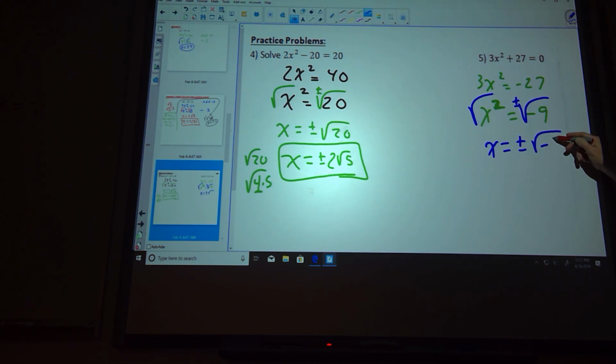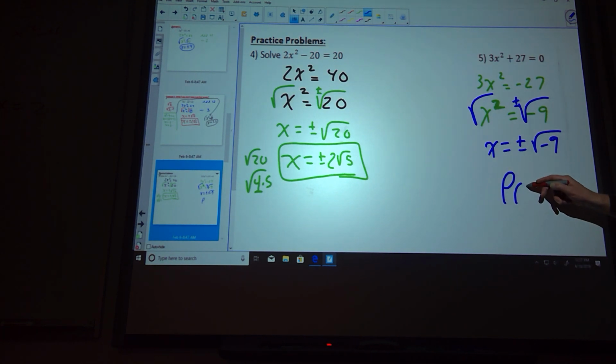What's the square root of negative 9? Negative 3 times negative 3 is 9. Positive. Positive 3 times positive 3 is 9. We call these prime. This is not a real number. Meaning it will not cross the x-axis.